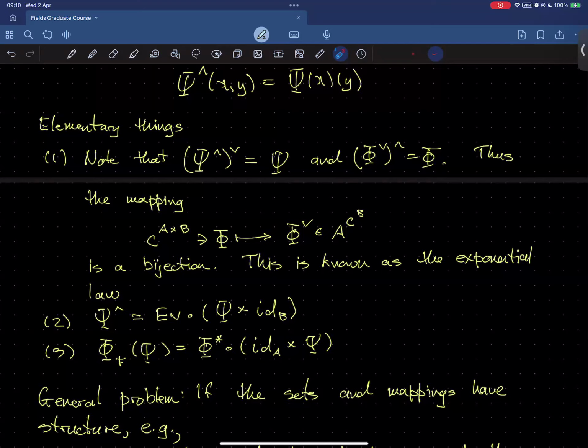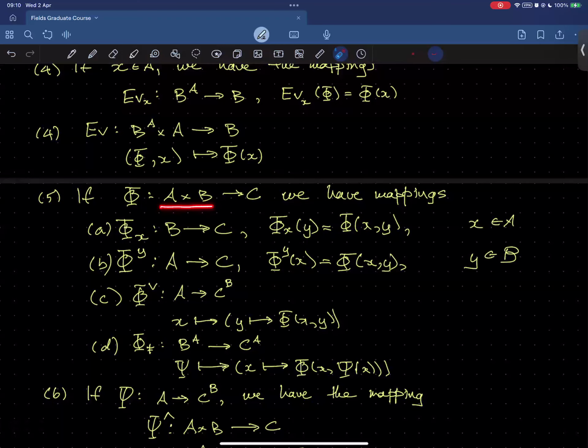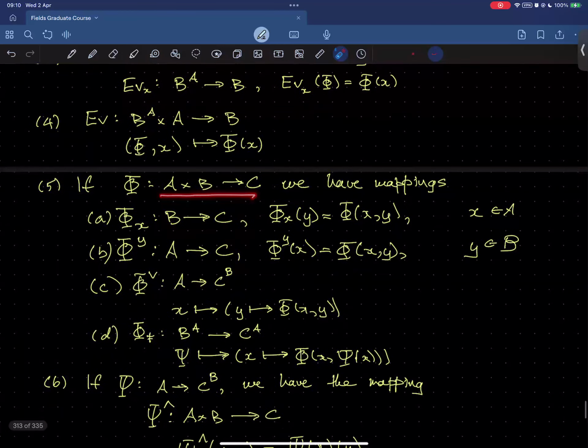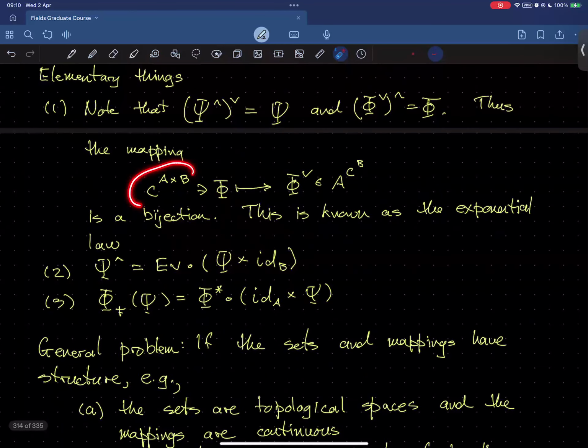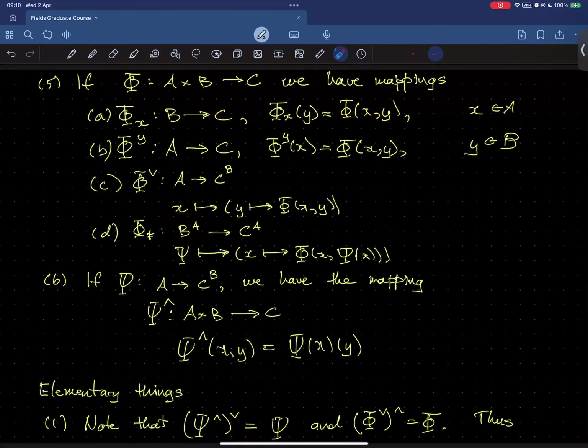It means I have a bijection from the set of, remember in my original definitions what phi was. Phi was a mapping from A cross B into C. So that's the set of mappings from A cross B into C. And then it maps it to a mapping from A into the set of mappings from B into C.